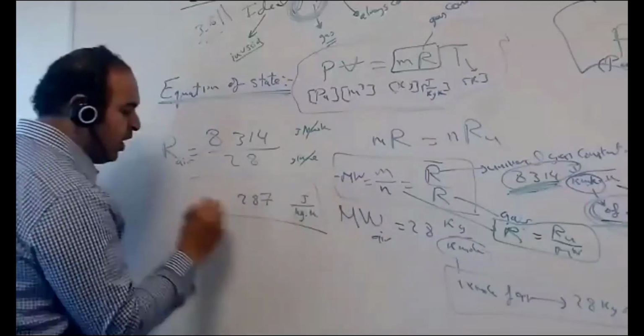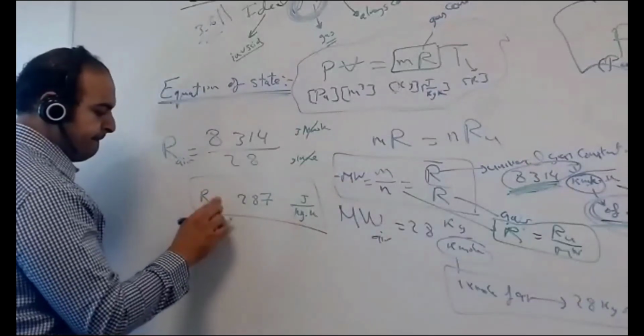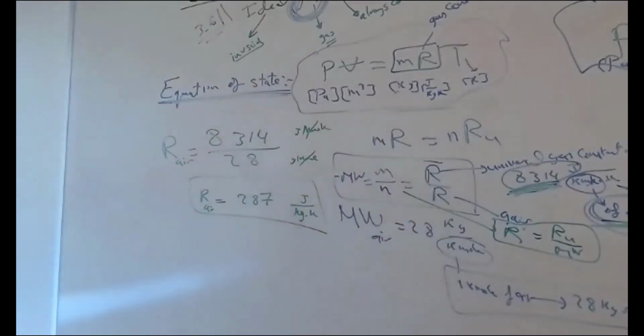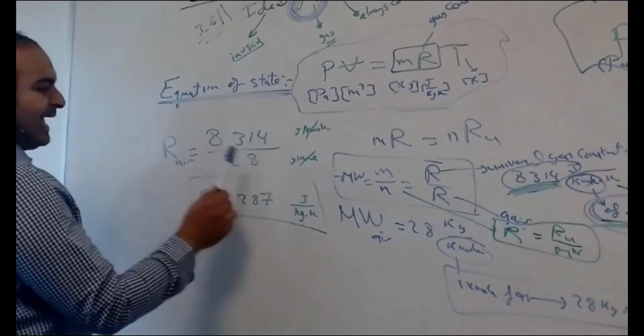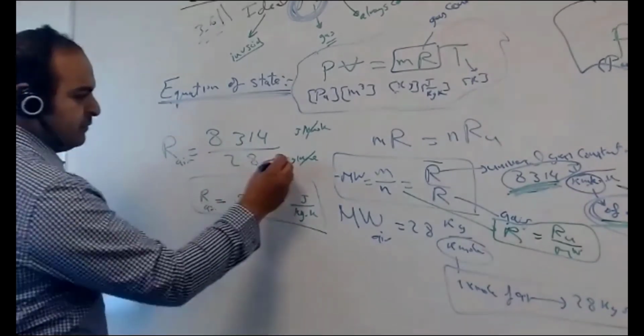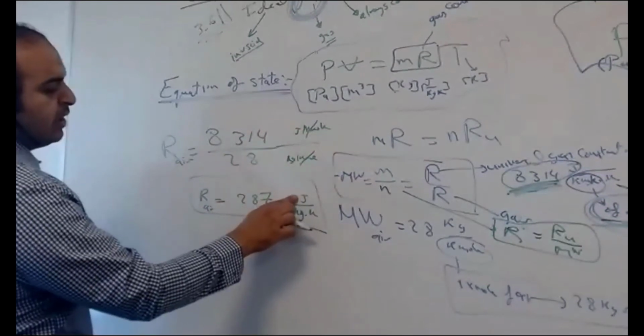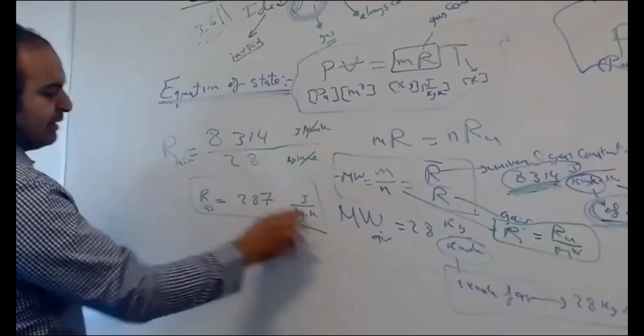This is R air. I think oxygen is 16, guys. Oxygen is 16, not 8. So this is our air, 8314 divided by 28 kilograms per kilomole. So this is 287 joule per kilogram Kelvin.